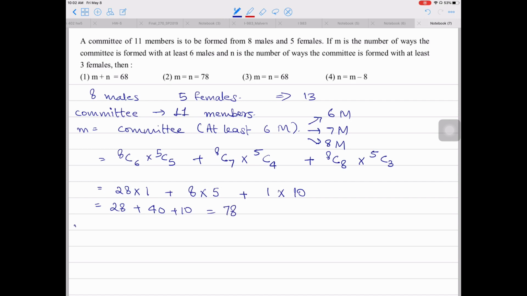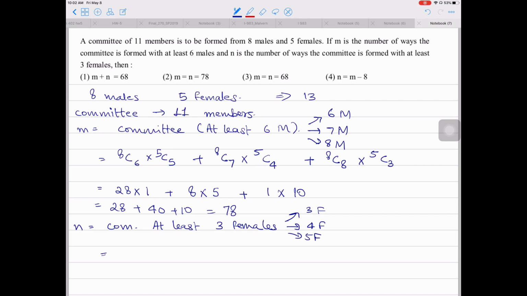Now let's calculate n. We know that the committee should have at least 3 females. So there could be 3 females, there could be 4 females, or there could be 5 females. 3 cases, and let's add the number of cases.